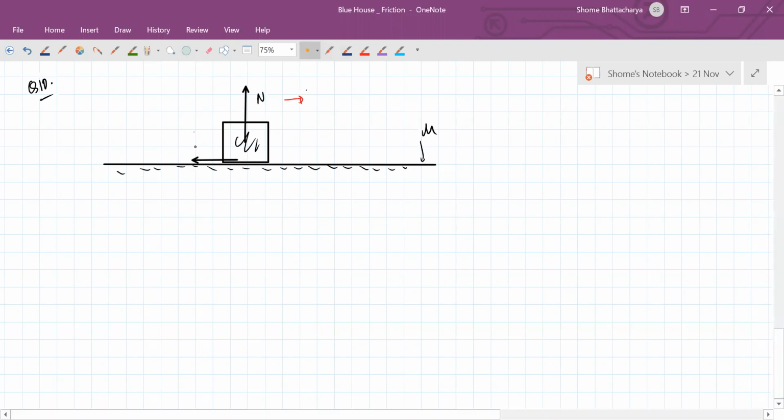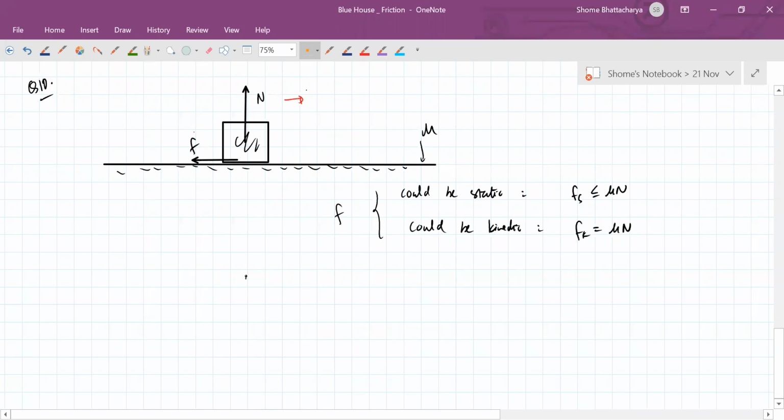This friction could be static because it's not exactly given that the block is in motion. So static friction is less than or equal to mu N. Or it could be kinetic, it could be in motion also. So kinetic friction is equal to mu N, since only one value of mu is given.